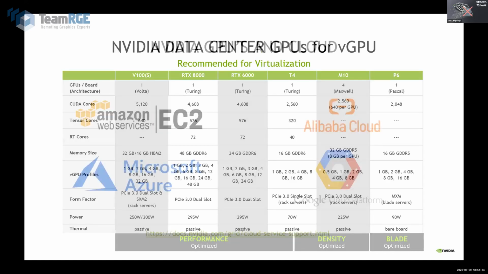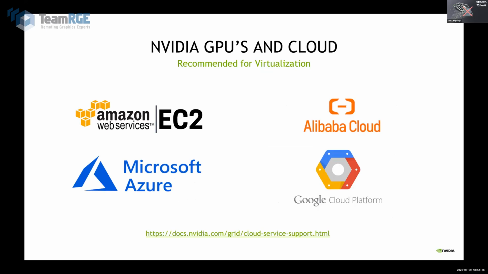And of course, as we have seen in different sessions already, we also have lots of GPUs available in different public cloud offerings. So Amazon AWS, Microsoft Azure, Alibaba Cloud, or GCP, Google Cloud Platform. They all have different instances available with GPU acceleration.